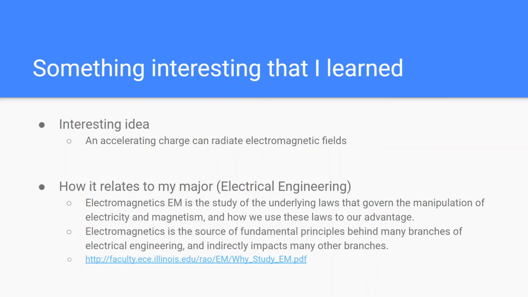And it also relates to how we use these laws to our advantage. Electromagnetics is actually a source of fundamental physics principles behind many branches of electrical engineering, and it therefore indirectly impacts many other branches, and probably one of the branches that I will focus on in my future career.